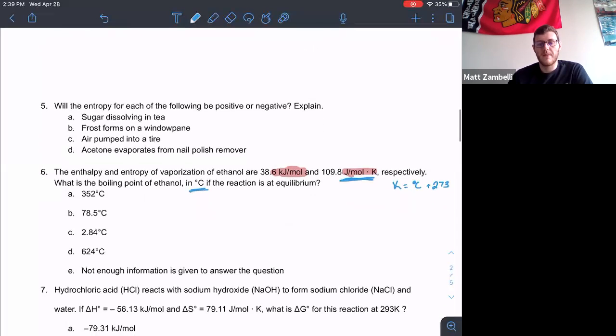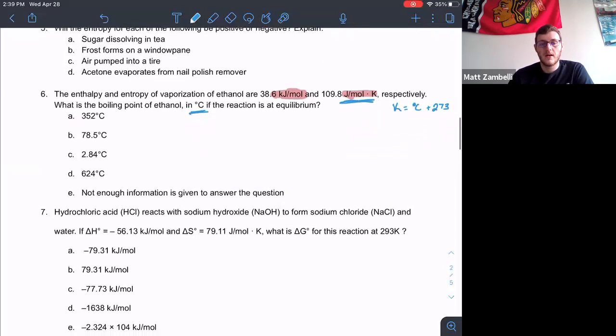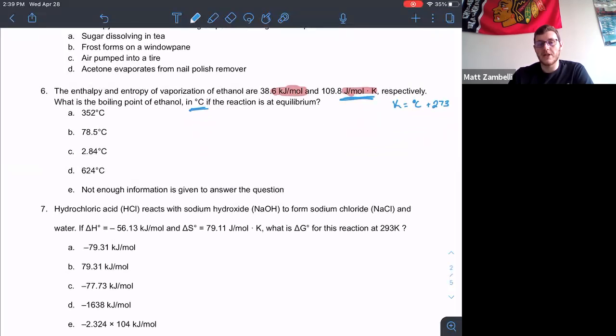So make sure you remember that because you do need to convert, making sure all our units match up. So if we have kilojoules and we have joules, we need to make sure either they're both kilojoules or they're both joules.